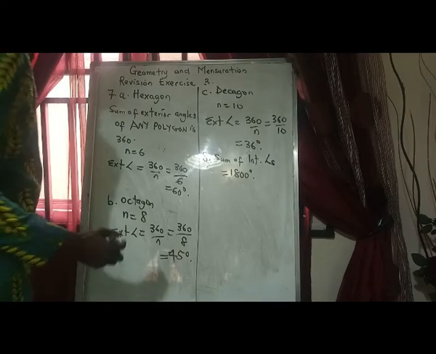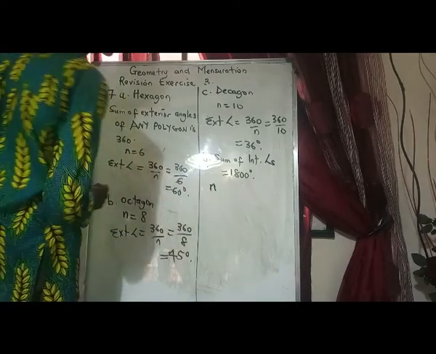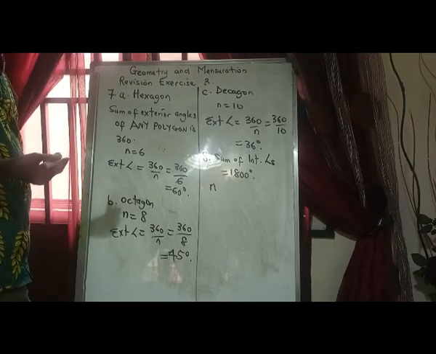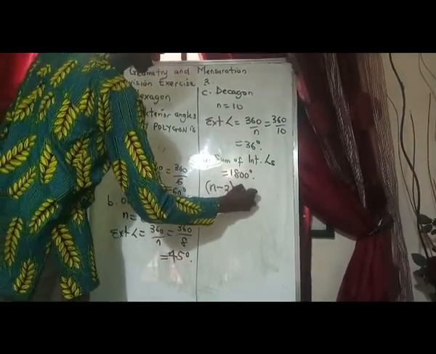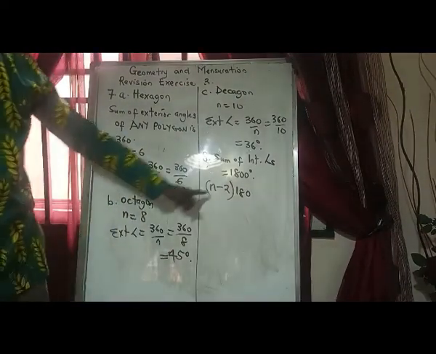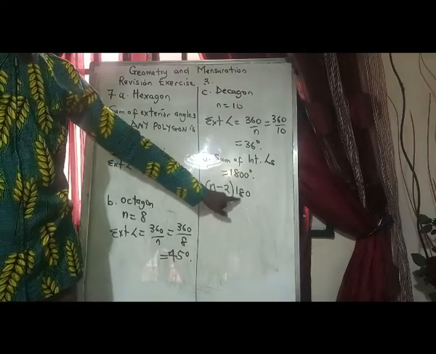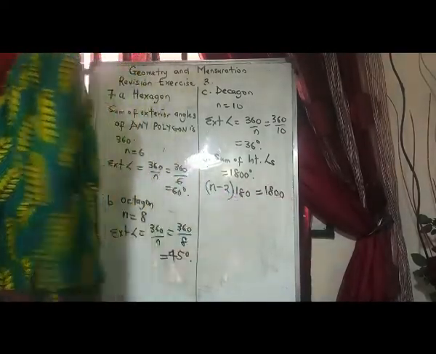Now, the number of sides minus 2 multiplied by 180 will give us what? 1800.